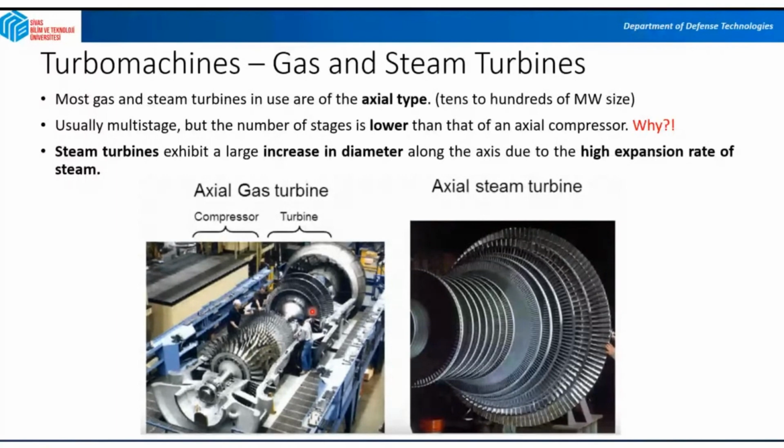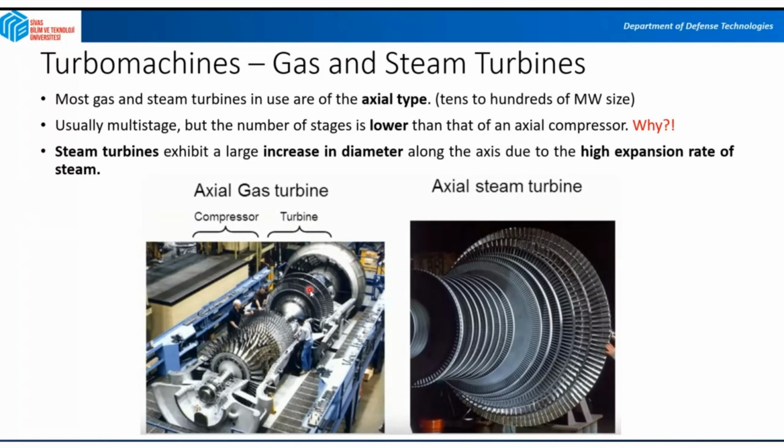Okay, my question is that I'm showing you an axial gas turbine in here. This is the turbine part. And as Osman said, this turbine is rotating this compressor, right?